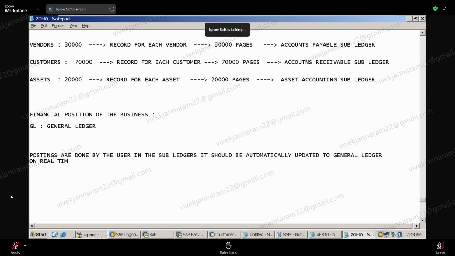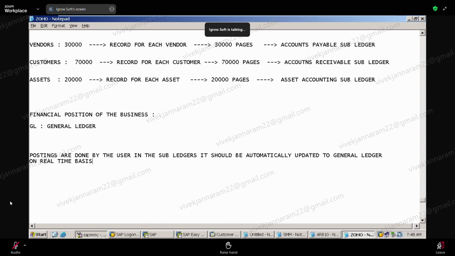So at any point of time, will any difference come between my subledger and general ledger? The difference will not come. They will be perfectly matching. What my subledger is showing and what my general ledger is showing will be matching. So how is this done in SAP?